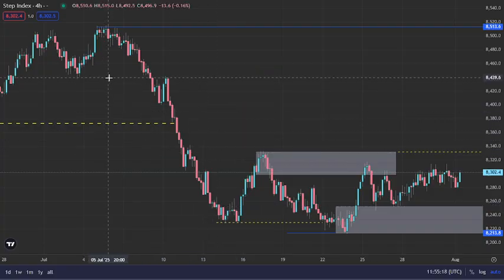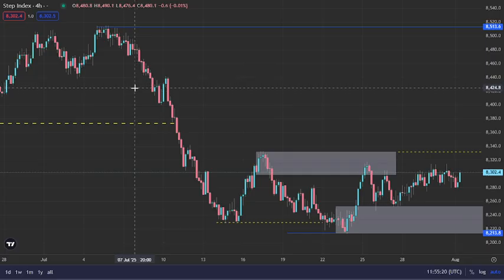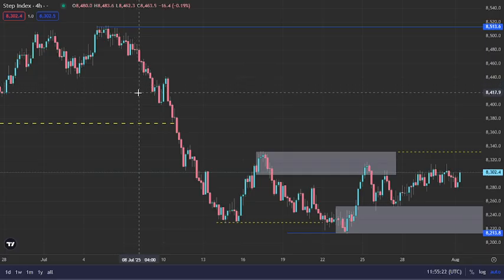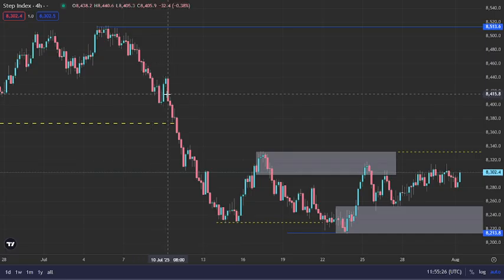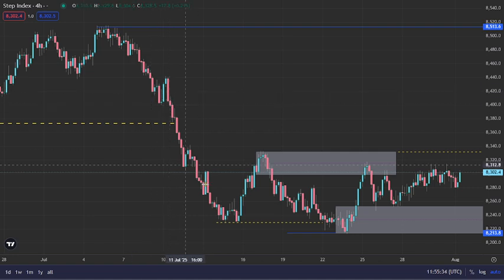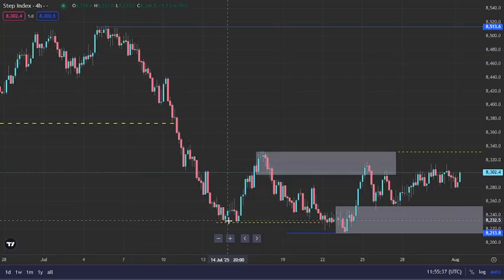I say, when the fractal strong structure breaks, we get a CHoCH. Let's look at this structure.